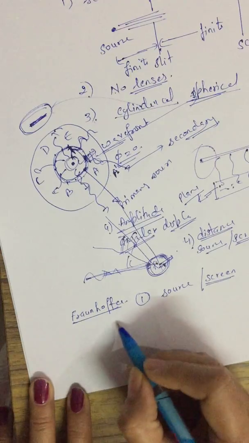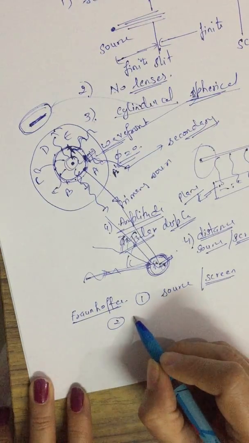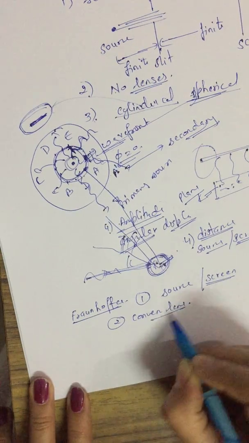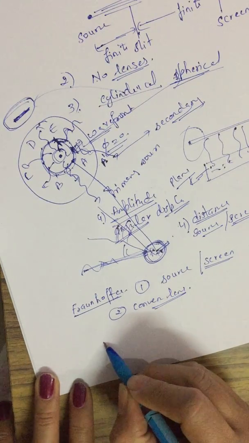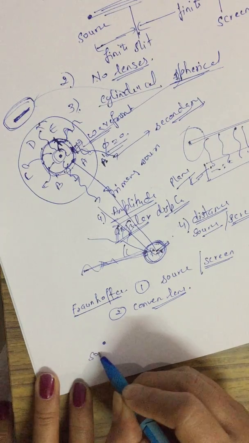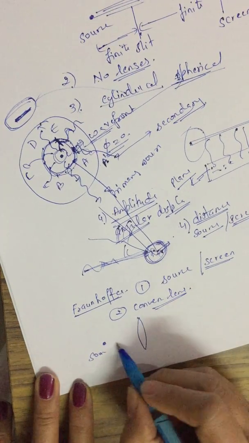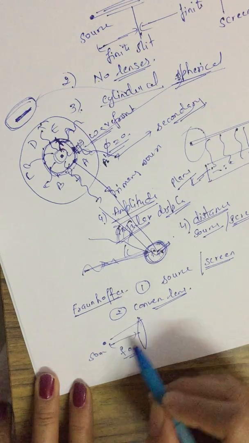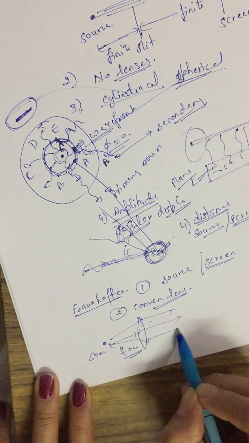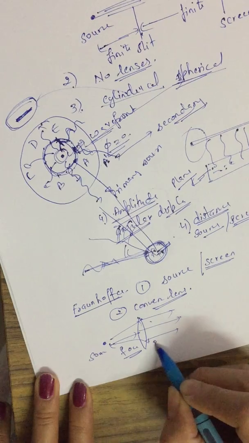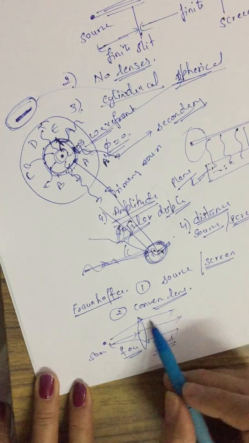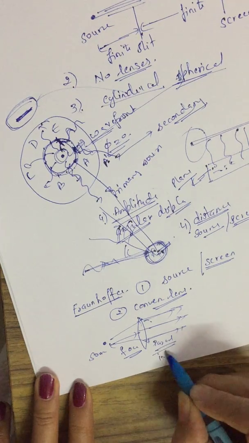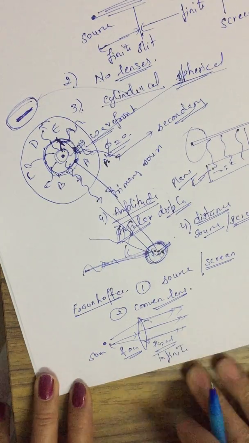It's very simple with the help of a convex lens. The source is placed at the focal length of your convex lens, then you will obtain a parallel beam, parallel rays, and these parallel rays seem to be coming from an infinite distance.